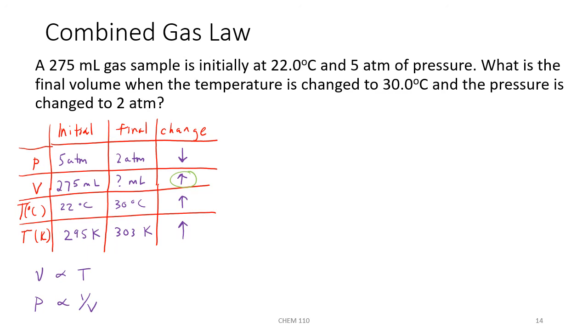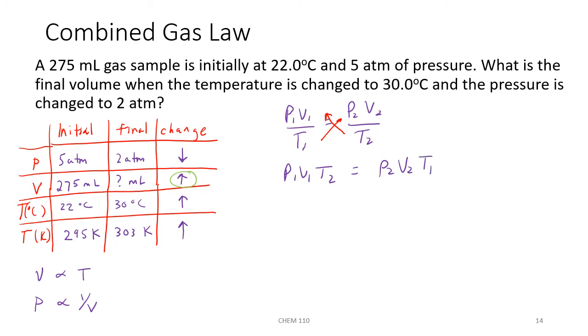Our combined gas law: P1 V1 over T1 equals P2 V2 over T2. We can first cross multiply, and that will give us P1 V1 times T2 equals P2 V2 times T1.